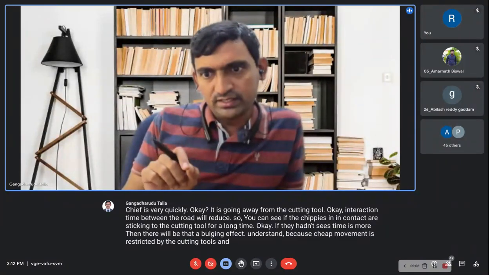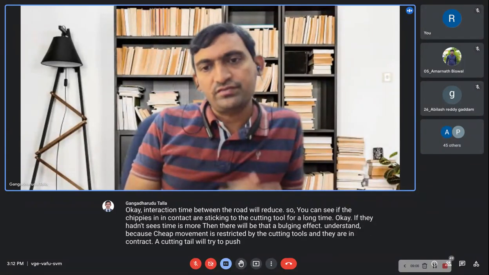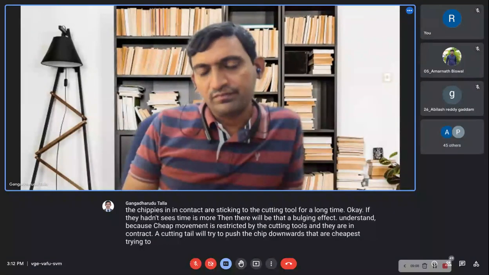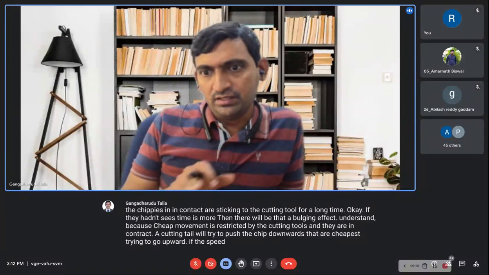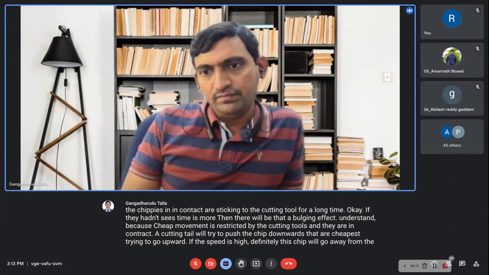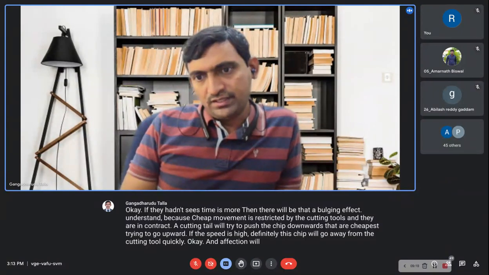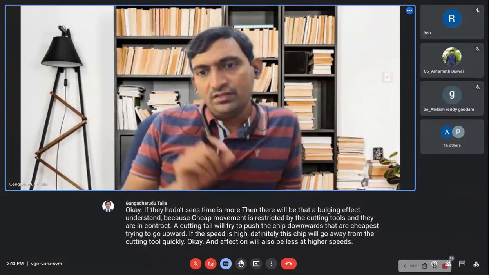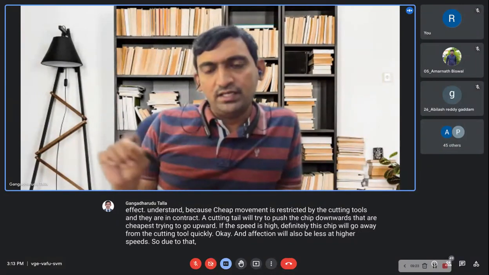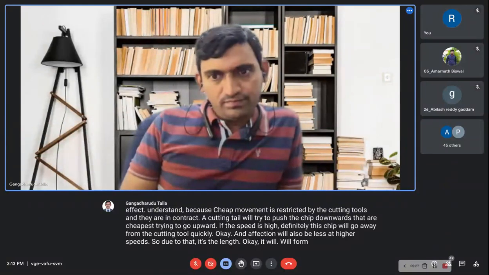When they are in contact, the cutting tool will try to push the chip downwards, whereas the chip is trying to go upward. If the speed is high, this chip will go away from the cutting tool quickly, and friction will also be less at higher speeds. So due to that, it will form continuous chip.